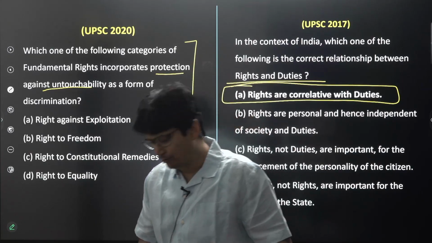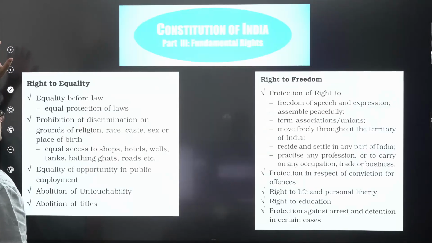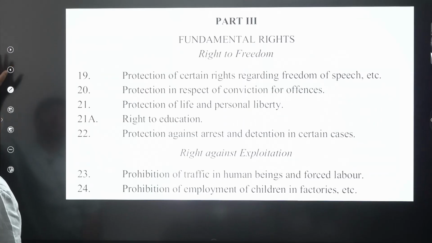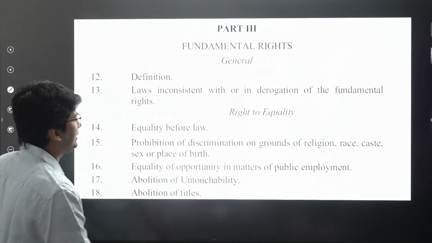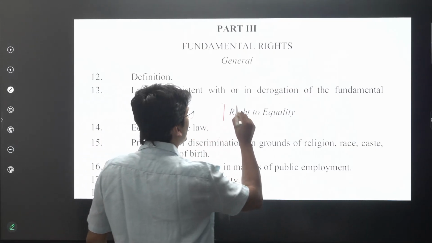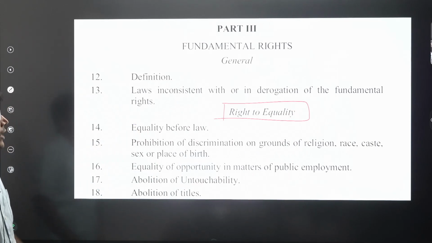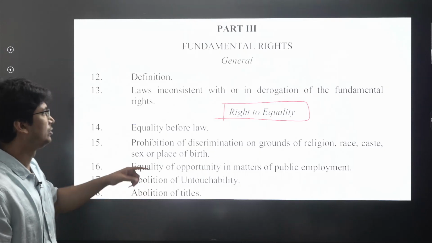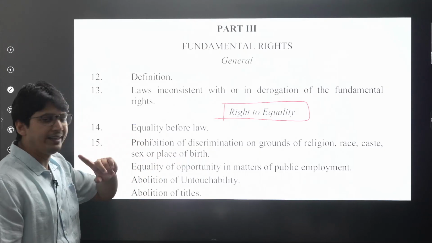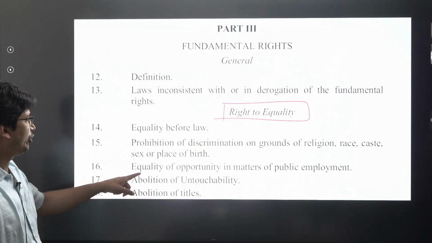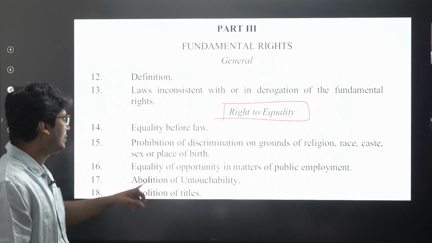Very clearly, what UPSC expects you to know is that you know all these aspects. For example, that under right to equality, what are the different rights which have been covered? So right to equality includes equality before the law, prohibition of discrimination on various grounds, equality of opportunity in public employment, abolition of untouchability and abolition of titles.